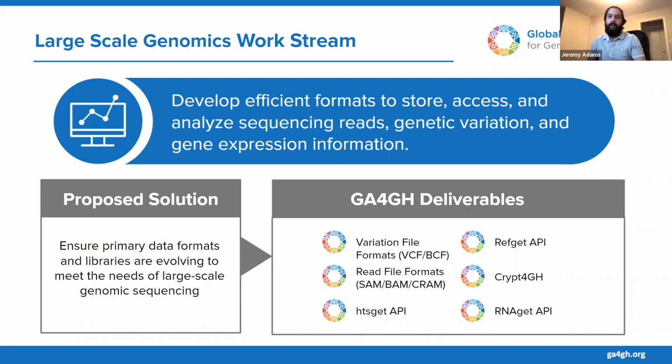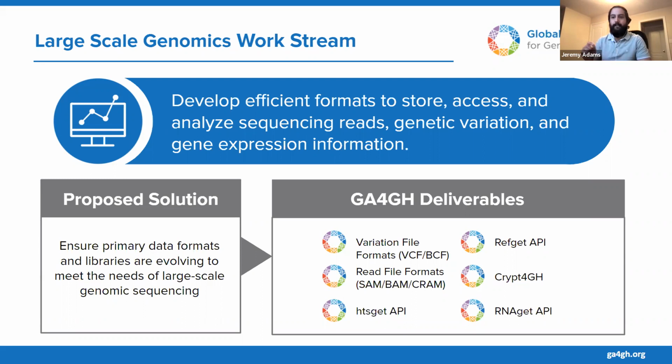Moving into the API side of the large-scale genomics workstream, there's the htsget API, which is for streaming high-throughput sequencing alignments and variants, so essentially CRAM files and VCF files. It's an API for streaming that data, but the researcher is allowed to specify targeted regions that are of interest to them.